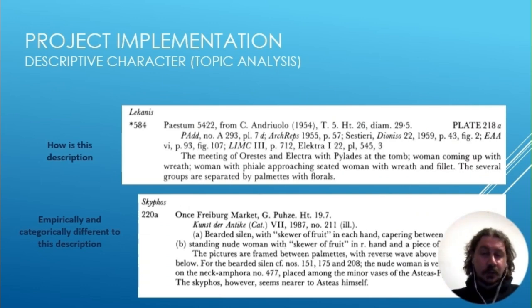Not these specific two, but any two descriptions. What about the first description is definitely and categorically different to the second description? And then we can go on to analyze how those characteristics of language evolve over the 60 years of the Trendall catalogue.